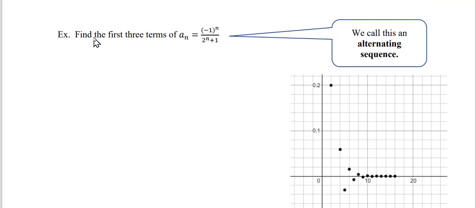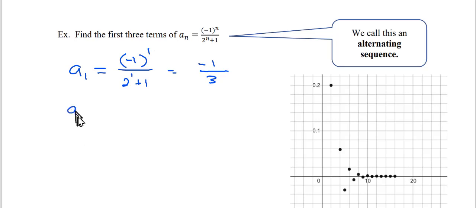So I did include a graph here of this sequence. Let's figure out what the first 3 terms are. A sub 1 is negative 1 to the first over 2 to the first plus 1. That's negative 1 over 3, so negative 1/3. Then a sub 2 will be negative 1 squared over 2 squared plus 1, just like a function.